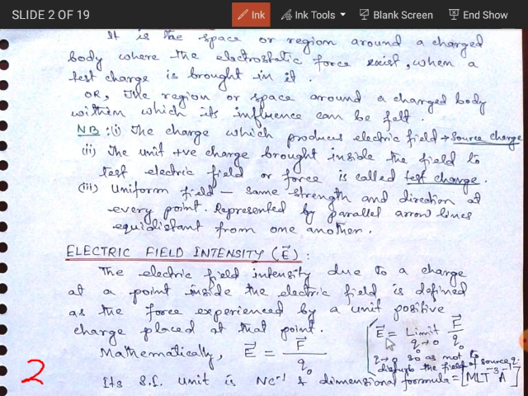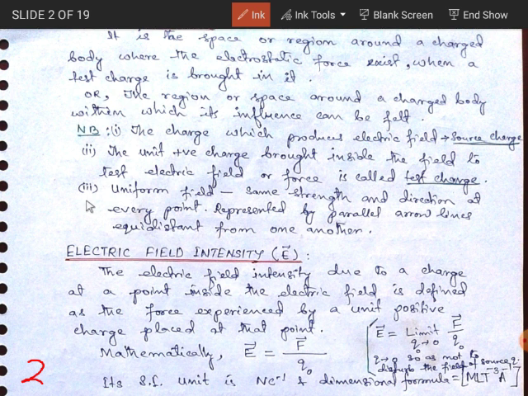Now when I say electric field, in some textbooks you may find it like this: E vector is equal to the limit of F vector by Q naught when Q naught tends to 0. Got it? Q naught tends to 0 so as not to disturb the field of the source charge.